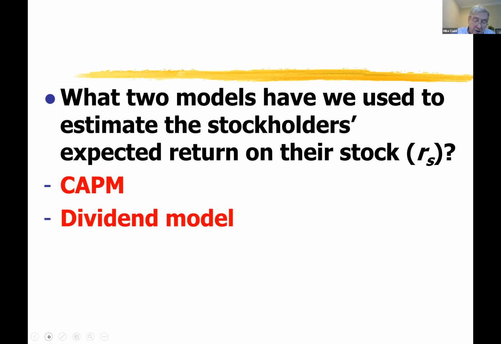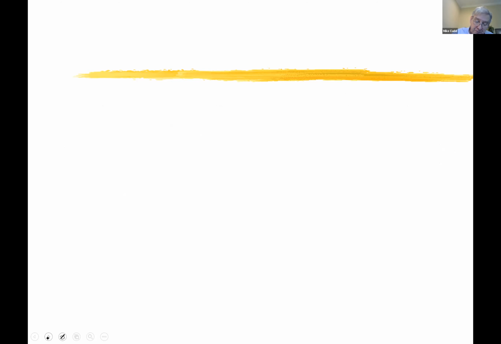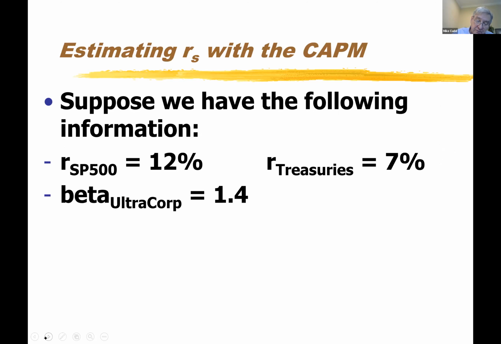So, for example, if Ultra were to use the CAPM, let's suppose the beta for Ultra is 1.4. Treasury securities are yielding 7%.